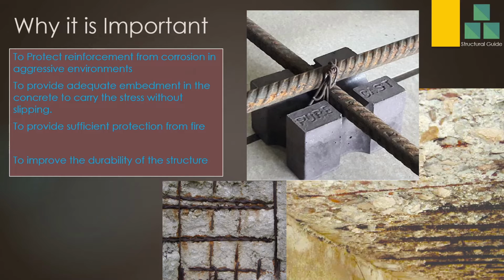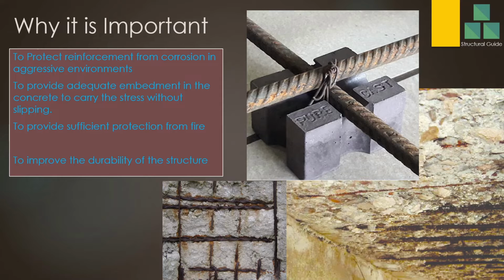The second parameter we are going to discuss is to provide adequate embedment in the concrete to carry stress without slipping. If you just put the reinforcement on the surface of the concrete, it will slip when stresses are applied. So to get composite action, we have to embed the reinforcement in the concrete. Otherwise, it will slip.